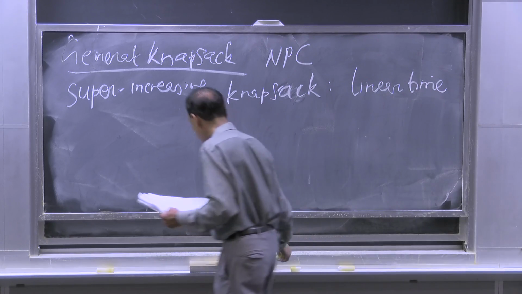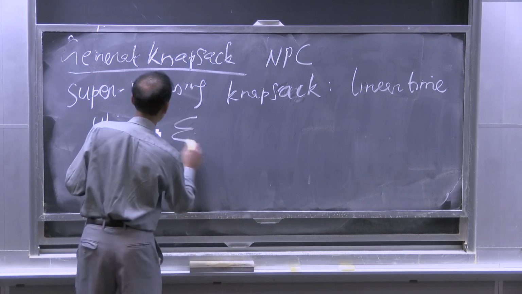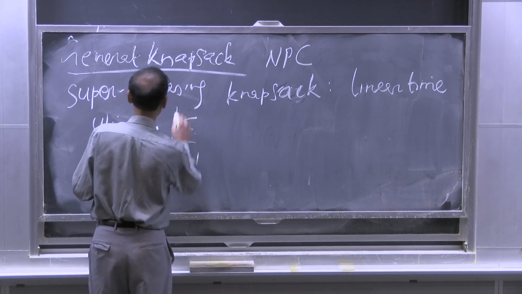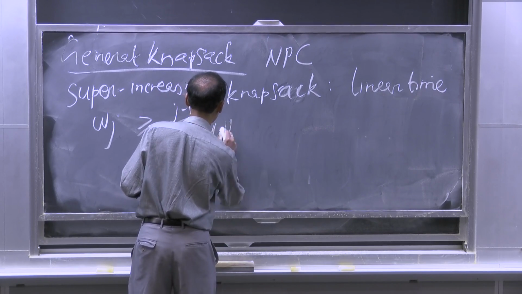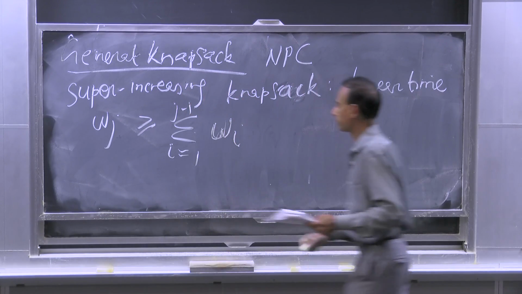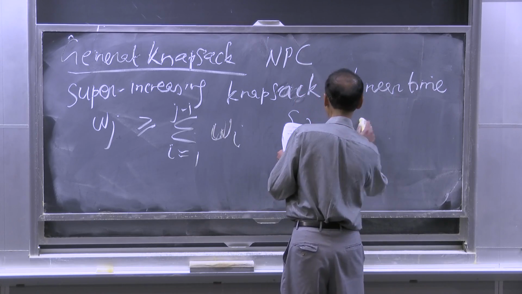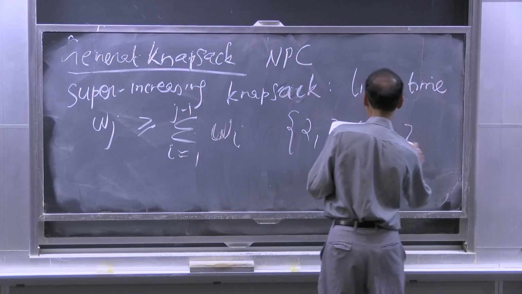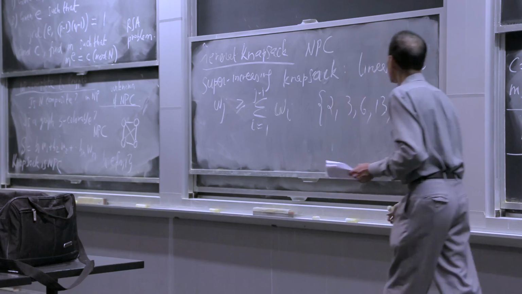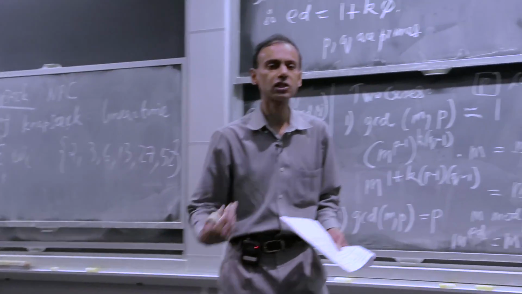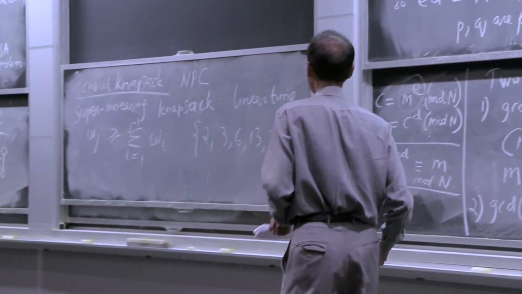What is a super increasing knapsack? Well, a super increasing knapsack is something where I have Wj that has this property. So an example of that is 2, 3, 6, 13, 27, 52. Right? So the weights are super increasing. 2 plus 3 is less than 6. 2 plus 3 plus 6 is less than 13, and so on and so forth.